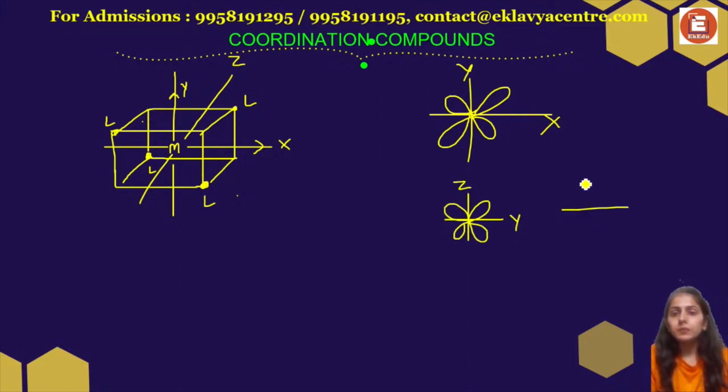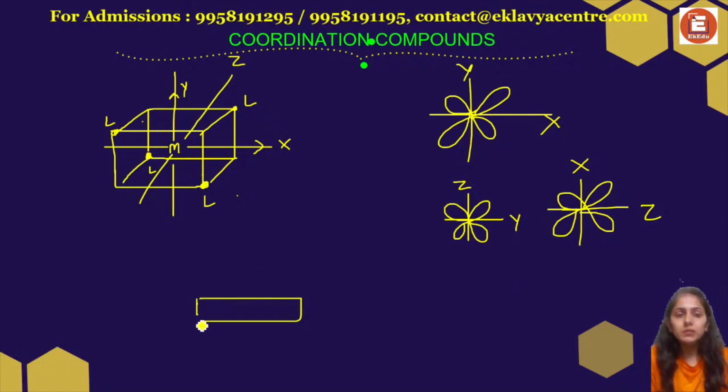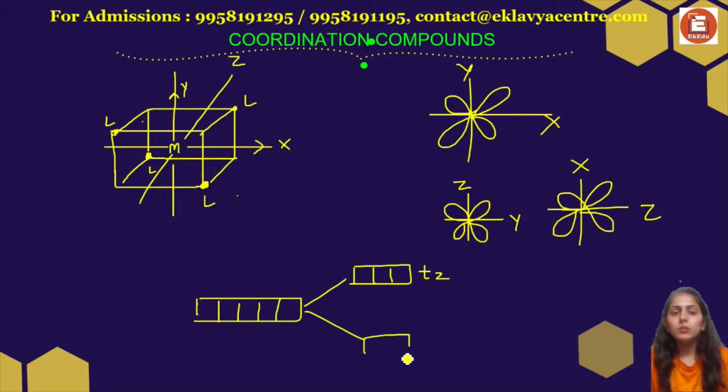So basically this time T2 orbitals. But in tetrahedral, it's assumed that the orbitals are not degenerate, means they are not similar. So this time the d orbitals, we call them T2, and these are E orbitals.